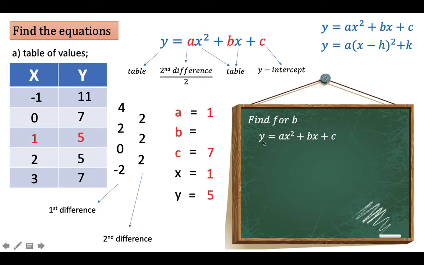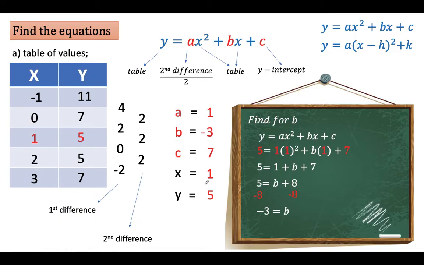We'll just substitute the values of the corresponding variables, then simplify. 1 squared is 1, 1 times 1 is 1, then b times 1 is b. Write down 7 and 5. Then 1 plus 7 is 8. Then minus 8 from both sides. So b is left, and 5 minus 8 is negative 3. So b is negative 3. I'm sorry.